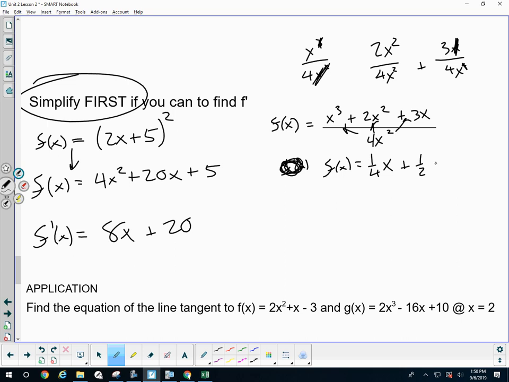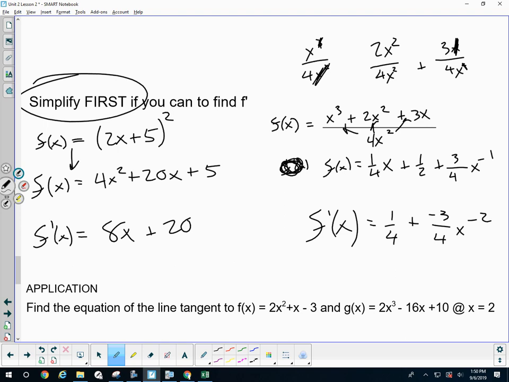I'm left with 3 over 4x, or 3/4 x to the negative first. Now I'm ready to find the tangent slope generator, and I get 1/4 plus negative 3/4 x to the negative second. Great!